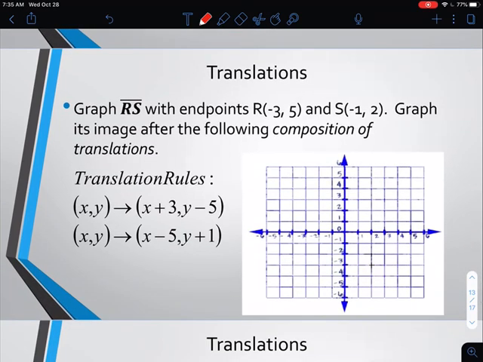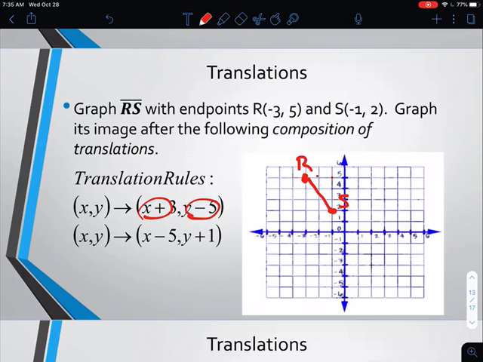Last thing, if we're going to do multiple transformations, so we're going to go from one to another to another. R is at negative 3, 5. S is at negative 1, 2. And so I have this line segment. I want to translate it twice. The first one says go right 3 and down 5. That's what the plus 3 and minus 5 means.